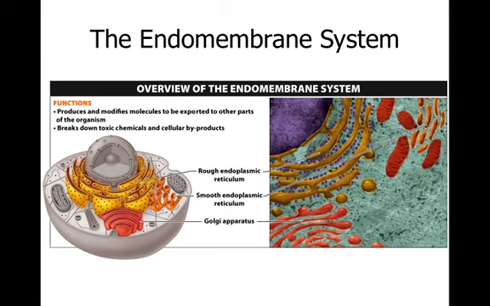Also, the function of the endomembrane system is to break down toxic chemicals and cellular byproducts. That's mainly the function of the smooth endoplasmic reticulum. So the rough endoplasmic reticulum and the Golgi apparatus function to create things that need to be shipped out of the cell, and our smooth endoplasmic reticulum is responsible for breaking down toxins and cellular byproducts.